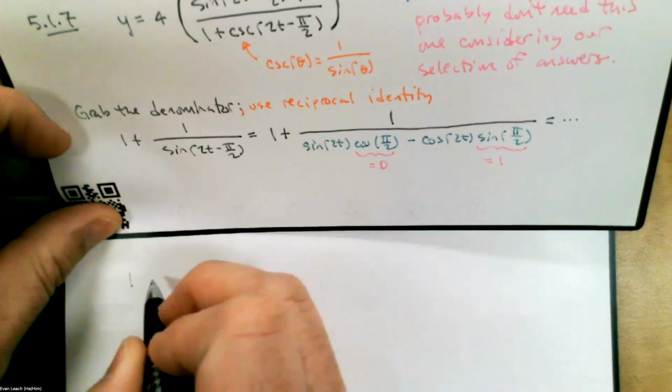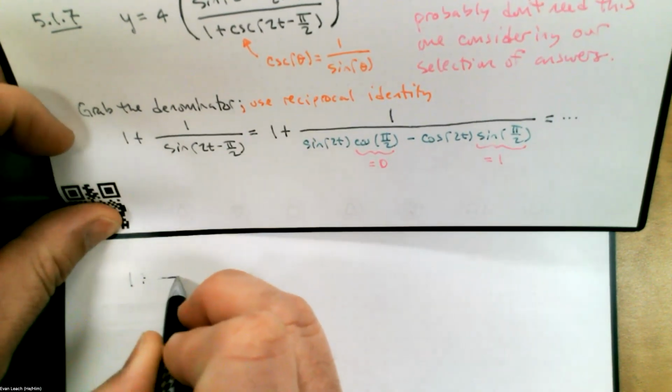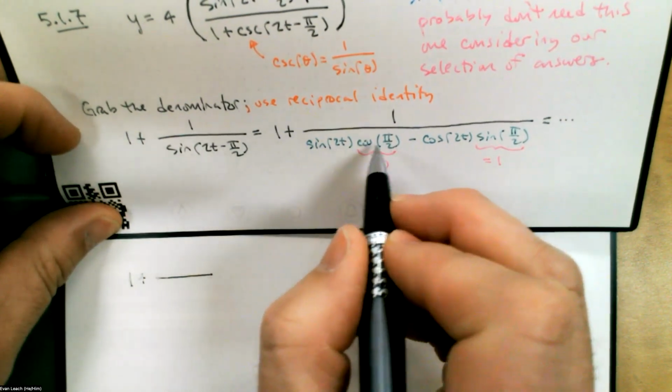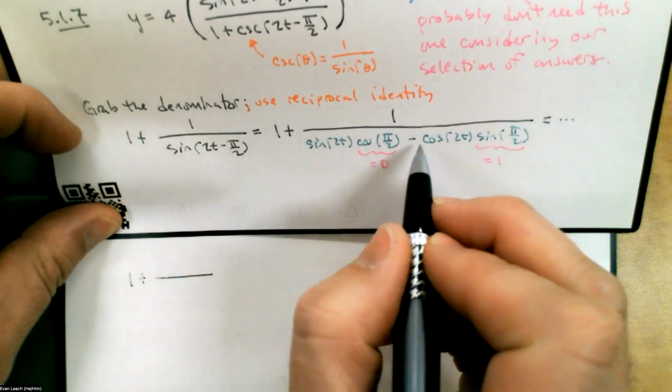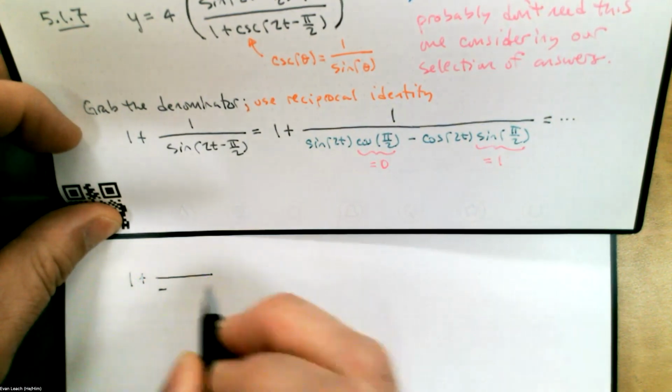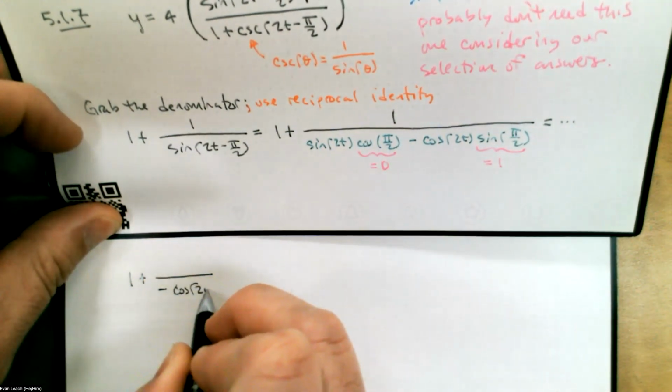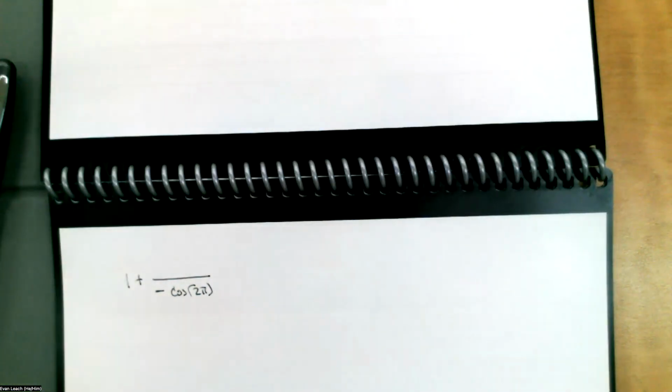So this simplifies some stuff for us. This whole term, sine of 2t times cosine of pi over 2, just drops out, and we just have minus cosine of 2t, not 2 pi. Yeah.